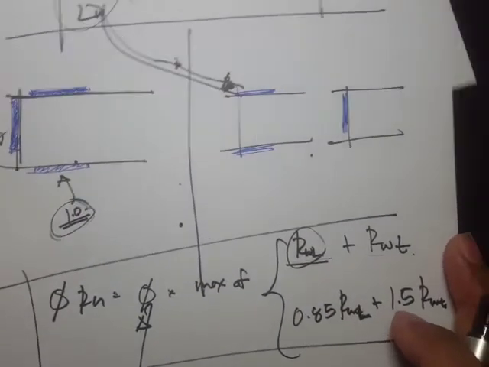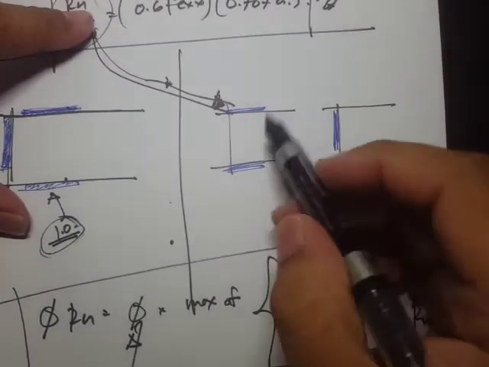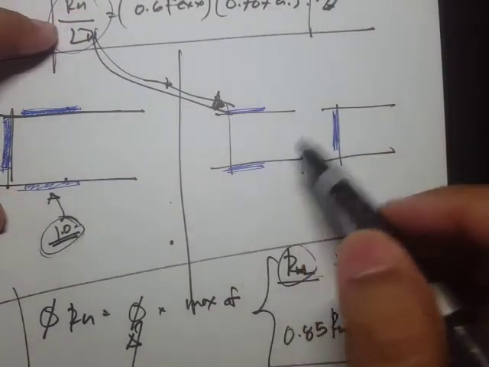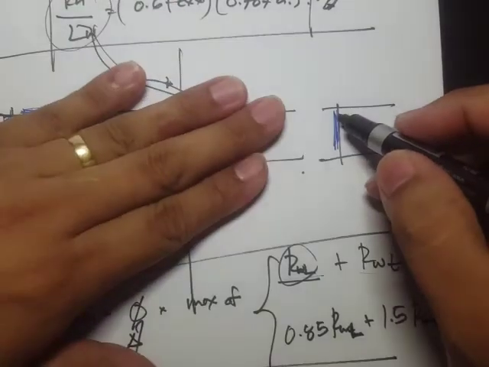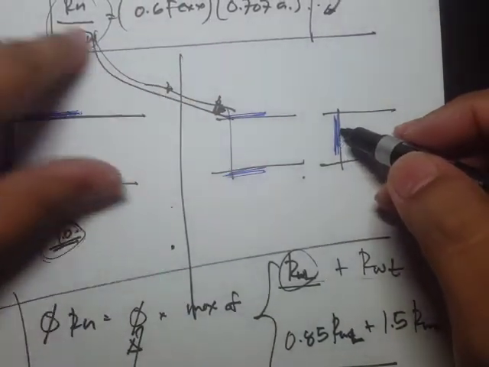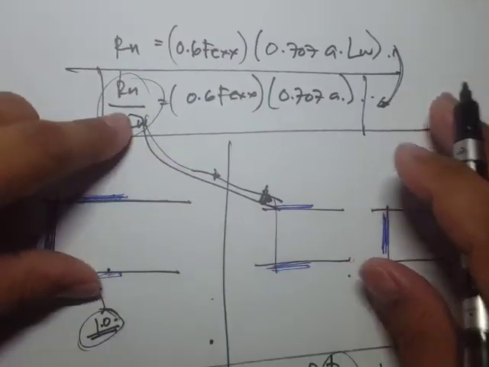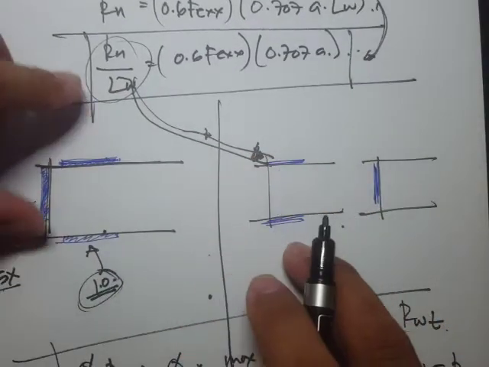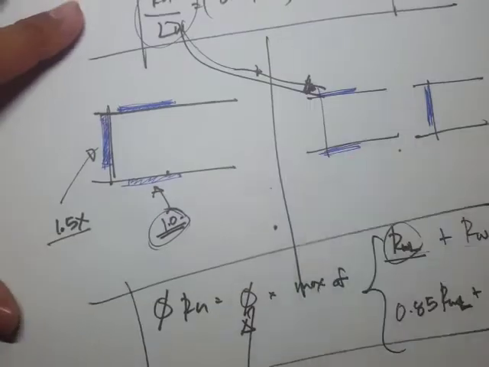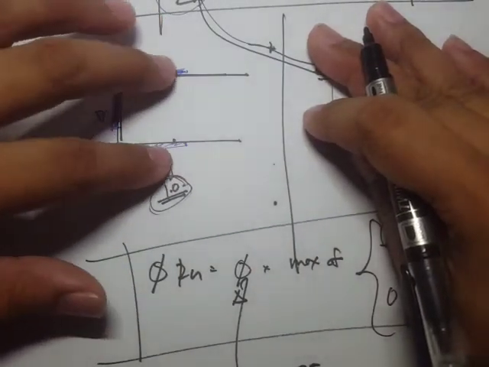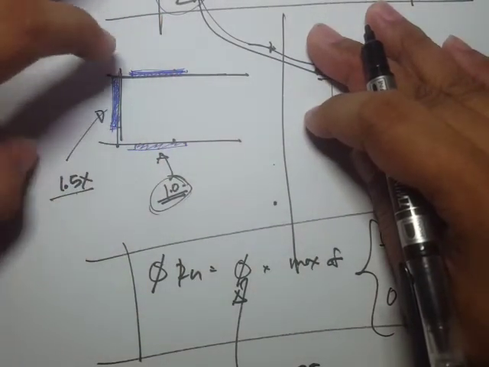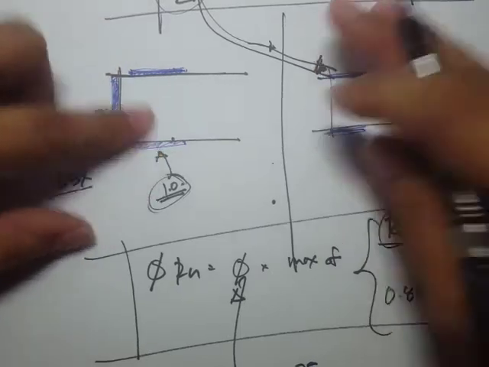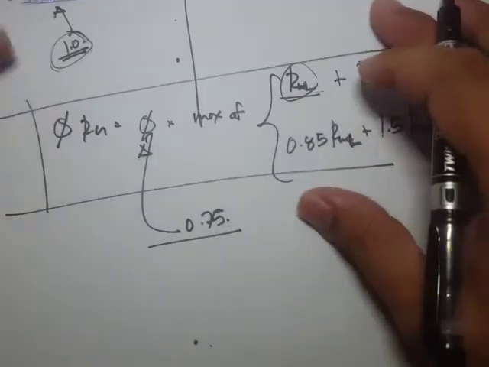So again, if we have a problem that's purely longitudinal or purely transverse, then this will be the equation. Then you just have to multiply it by whatever length there is in the problem. But if we have a problem that has both longitudinal and transverse, then we have to check this condition.